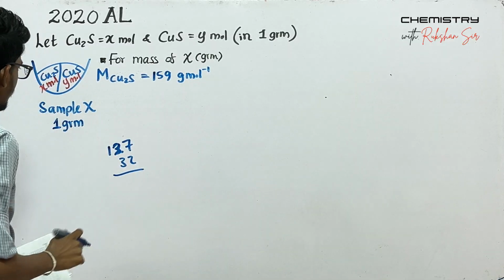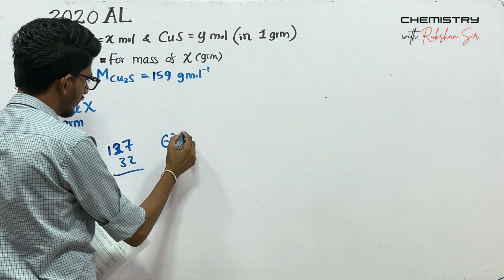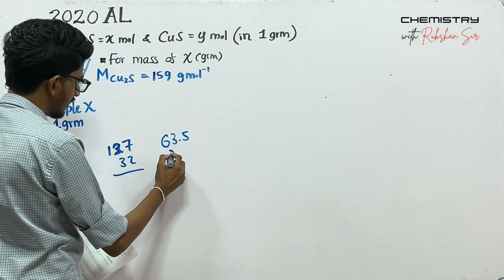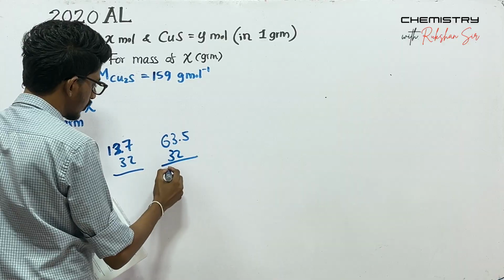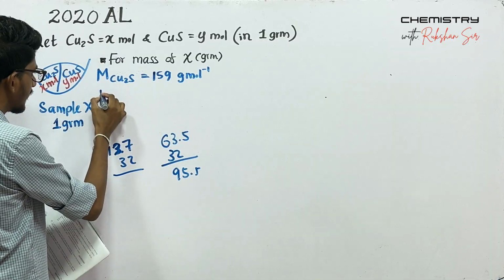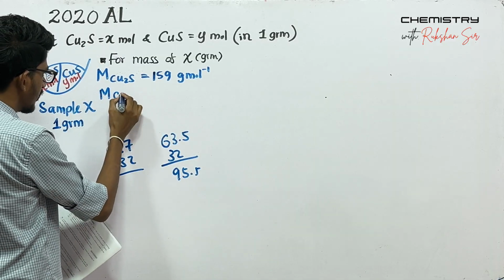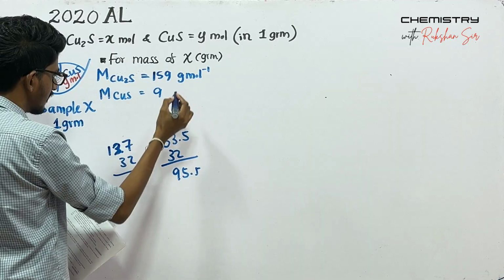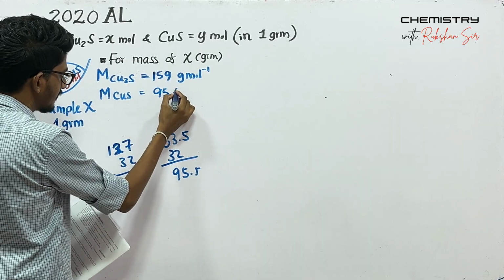And for the CuS, it is 63.5 for the copper and sulfur 32. So altogether 95.5, the molecular weight of CuS is 95.5.